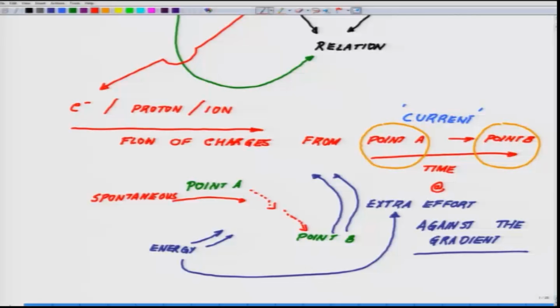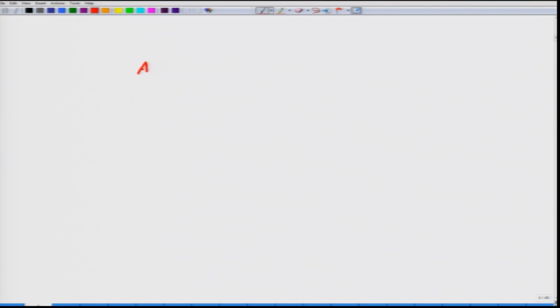In other words, say for example, there are two materials, material A and material B. Whether a charged particle will travel from material A to material B or in the reverse direction, B to A. One thing we discussed just now: unless A is sitting at a higher potential as compared to B, the charge will not flow spontaneously from A to B, right.